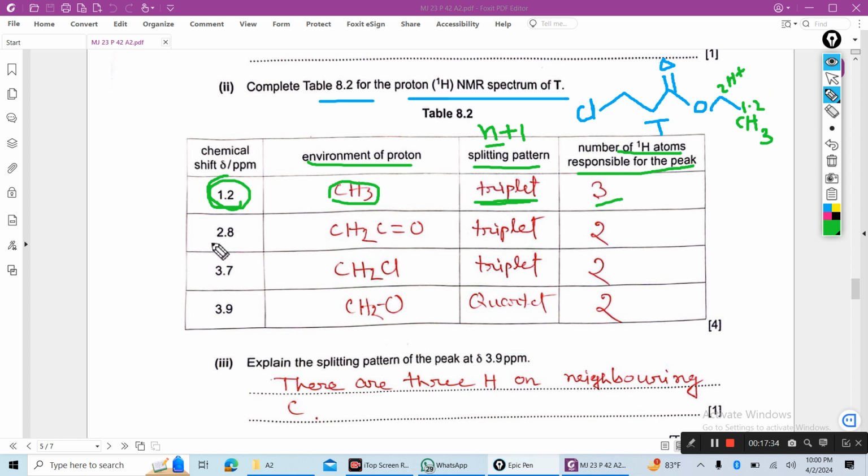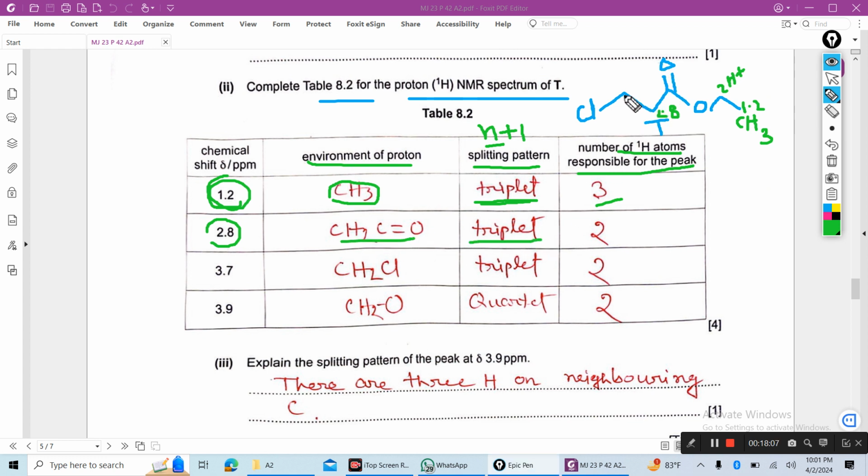Then 2.8 is responsible for the CH2CO peak. This is CH2 next to the carbon oxygen double bond, and the splitting pattern is a triplet.